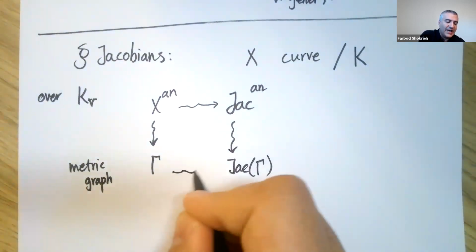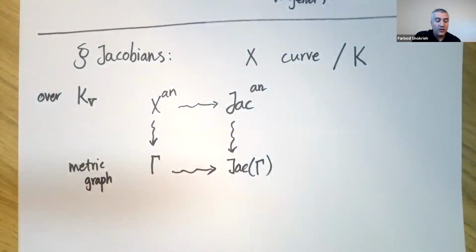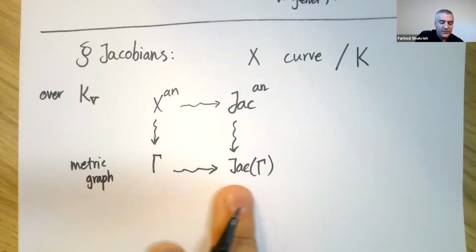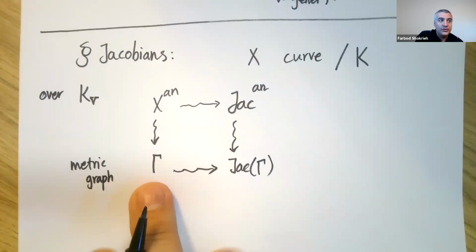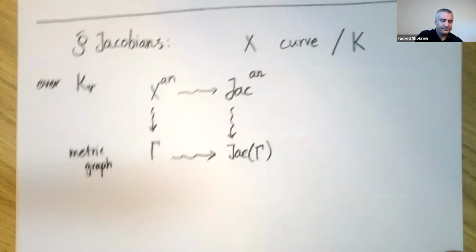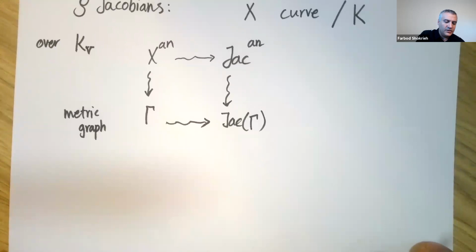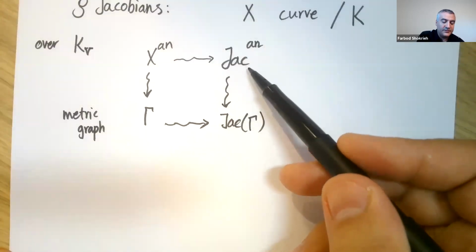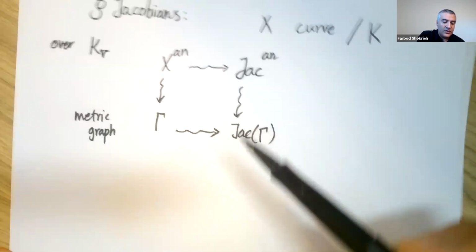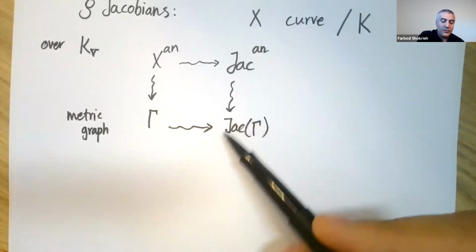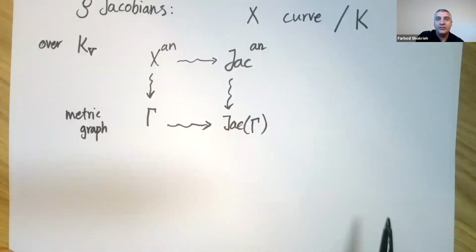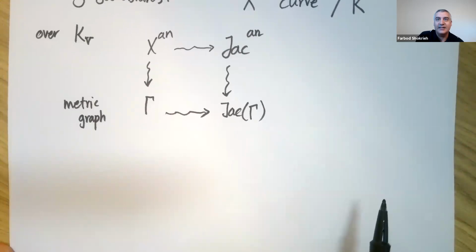It turns out that you can actually directly and combinatorially compute this real torus from the metric graph itself, and this is something that you can study by studying flows on this graph. All I'm saying is that if you want to study these local terms, the tropical moments, you can study them as well for this combinatorial information which comes from a graph. So the question really becomes completely about graphs and lattices attached to graphs.